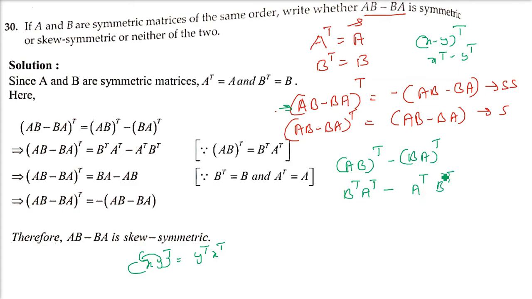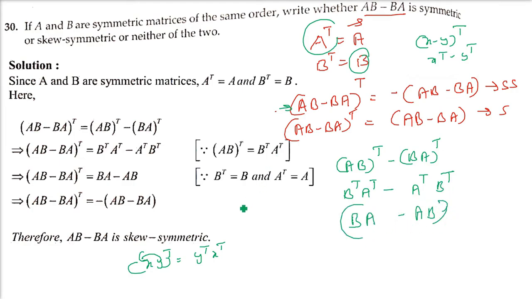Okay. Now, what all is given? B transpose A transpose already is given because A and B are symmetric matrices. So A transpose we will write as A, B transpose we will write as B. So in place of A transpose A, in place of B transpose B. So BA minus AB.